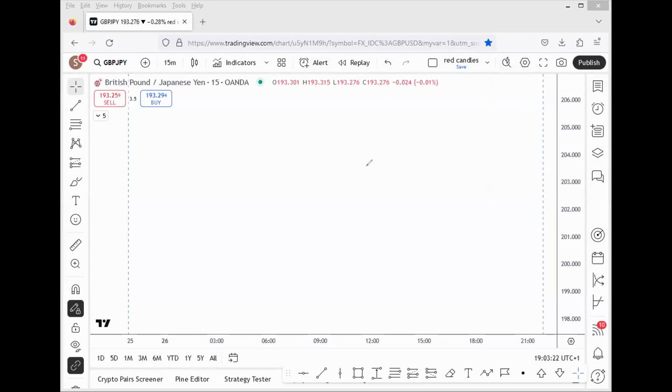As we know, if price is moving up from a point A to a point B, it does not move in a straight line. Instead, it moves up a bit and then pulls back, then pushes up a bit, pulls back down, and then pushes up again. While it's pushing up, it does what we call break of structures.